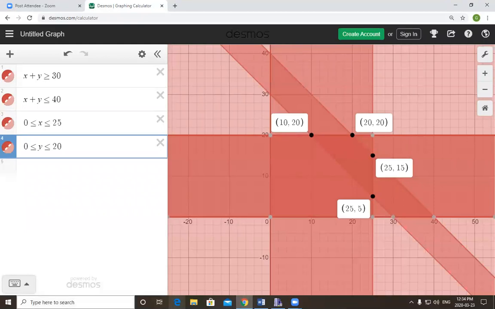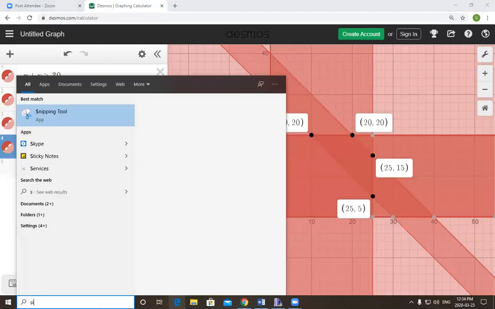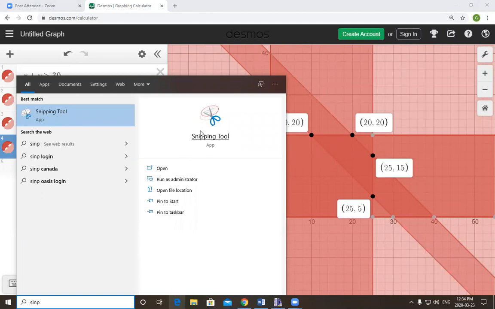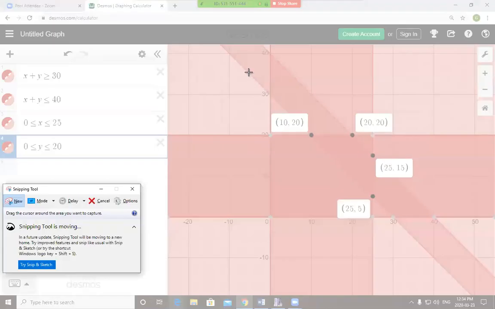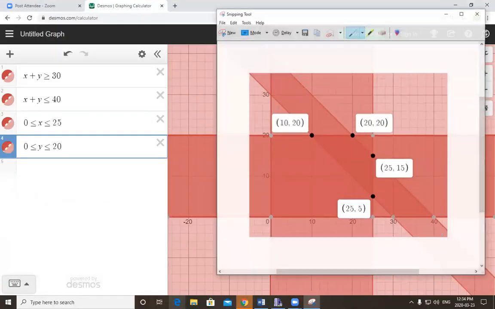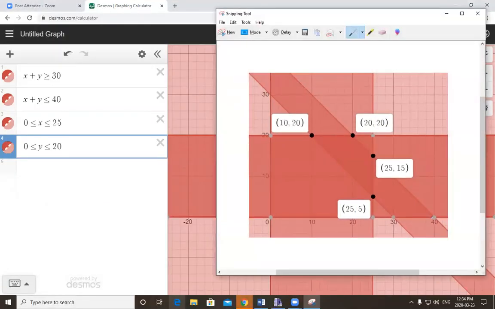So if you remember, to get this graph, we're going to snip. Please catch all the graph. There it is. Notice x and y aren't labeled. We should label them.